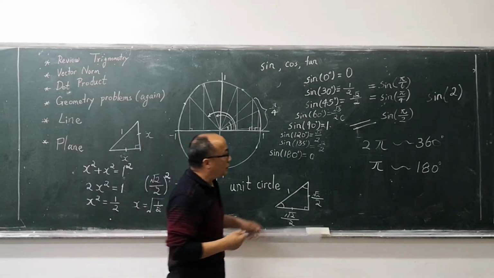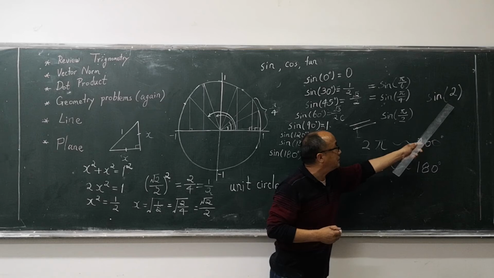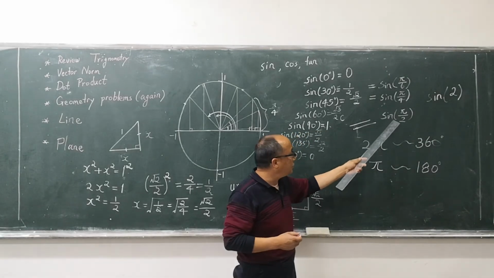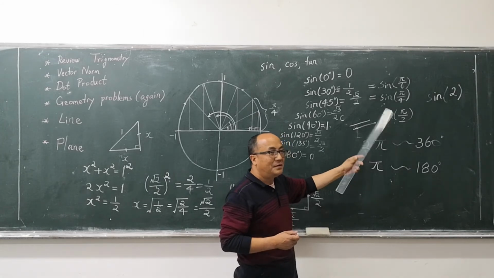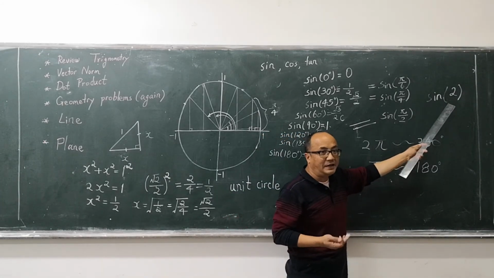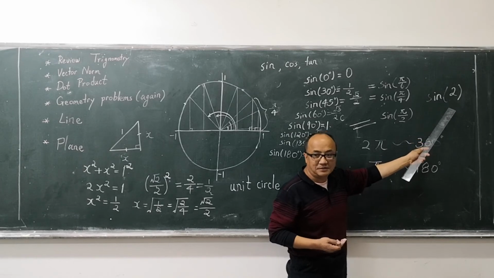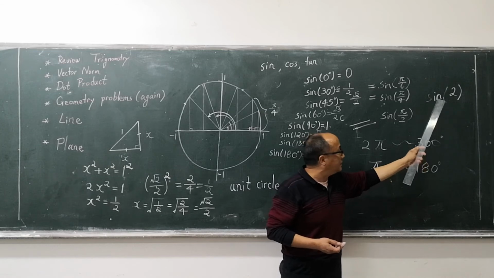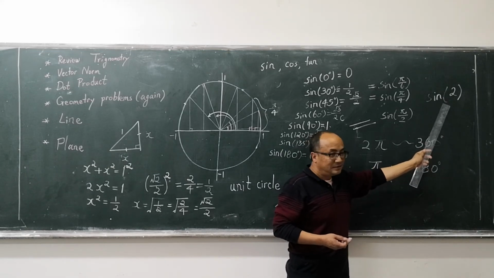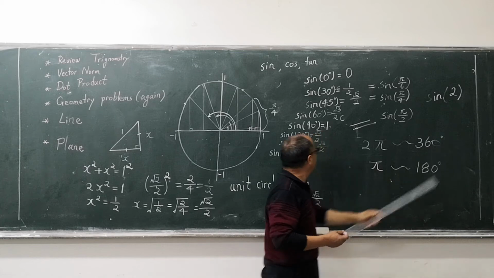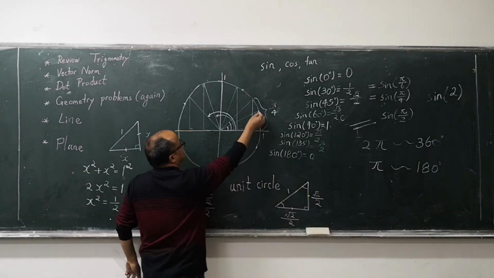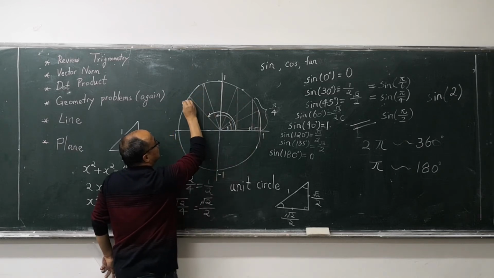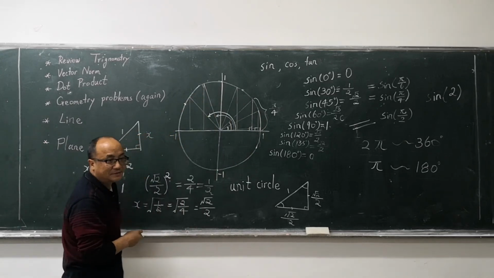I don't remember what the value is, but we always remember these special ones. You can use any calculator to get the value very easily. But I need you to understand the meaning: you have to run the distance 2. You have to run over here.